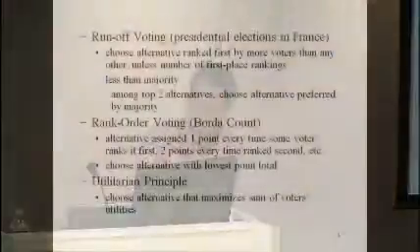So the winner under Condorcet is the candidate who gets a majority over every other candidate. Now, there may not be such a candidate, and I'll come to that problem later, but if there is such a candidate, we say that he or she is the majority winner, or the Condorcet winner.